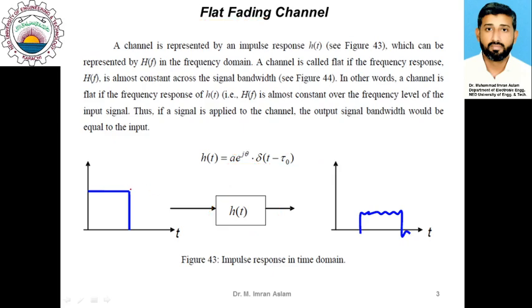If we apply a pulse onto this channel, we will get some output. It is represented somewhere here. So we would see that there would be some output that will be received on the other side of the channel, at the receiver side.